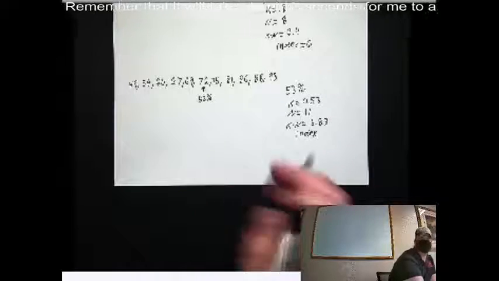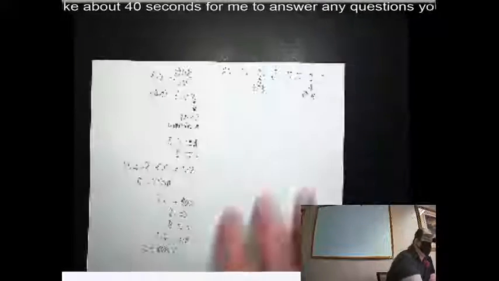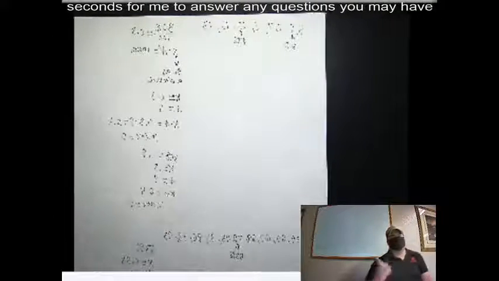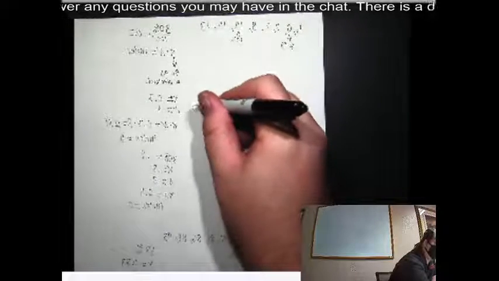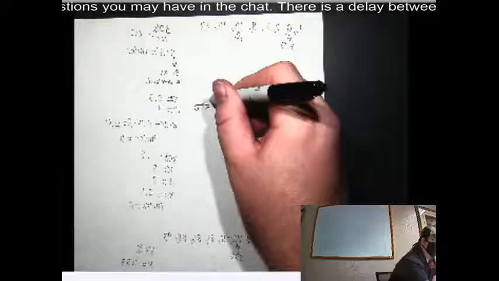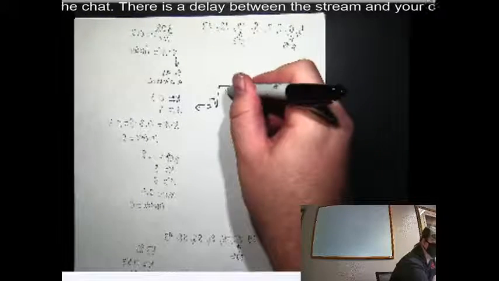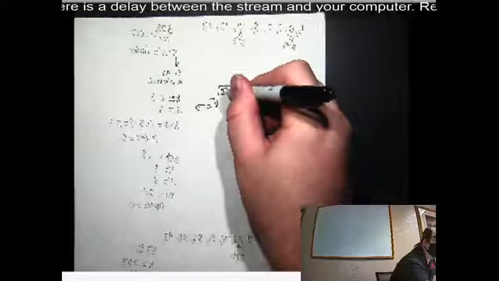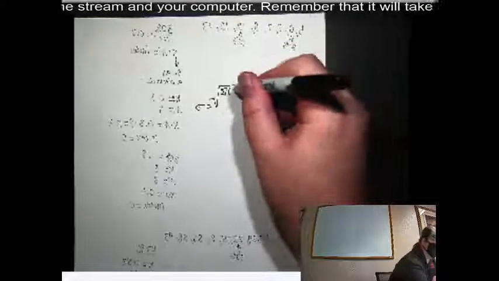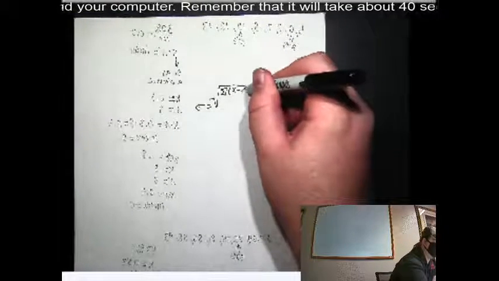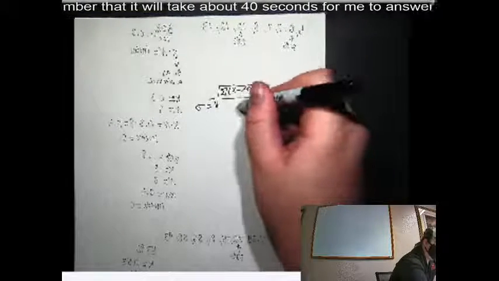All right. One more thing I want to say before we go. I forgot to mention this last time when we were talking about standard deviation. So let's think about our standard deviation formula. And I'll use population, but this is true for both population and sample. So standard deviation is the square root of the sum of x minus mu squared all over n.